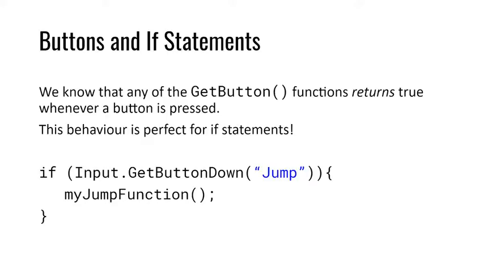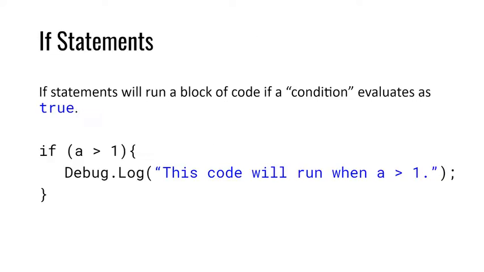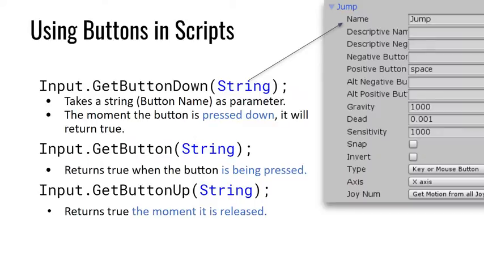Since you have to check every frame, you put this in Update, not Start, because you want to be running that if statement, checking every frame. For example, if you have a jump function and you want it to run when they press the jump button, you would do input.GetButtonDown and then jump. Because if you remember, there is an input called jump that Unity provides, which is space.